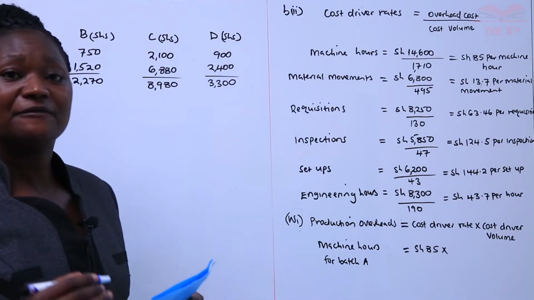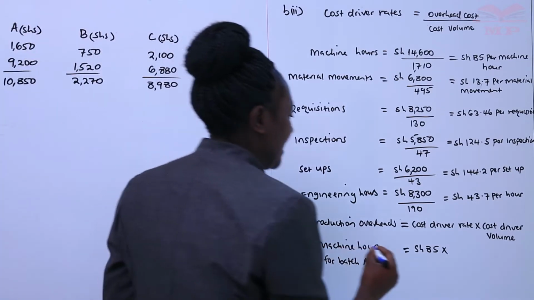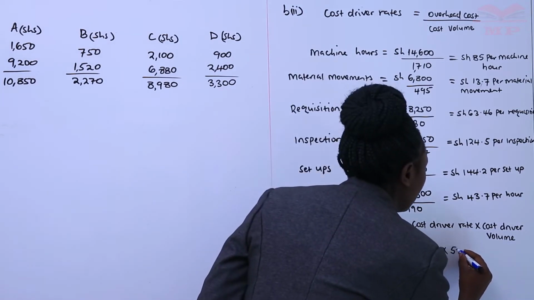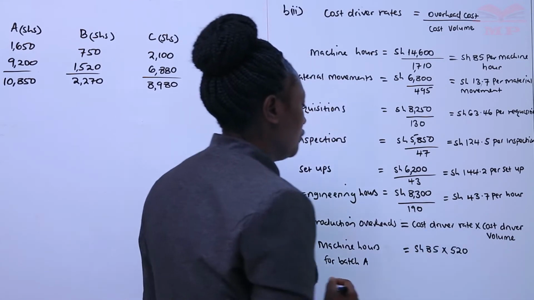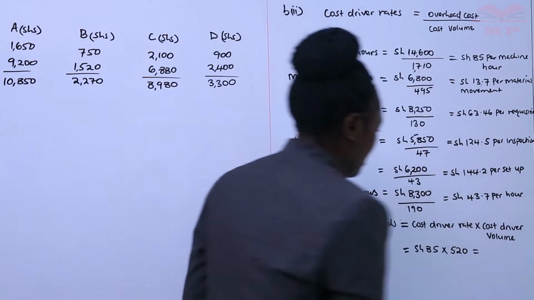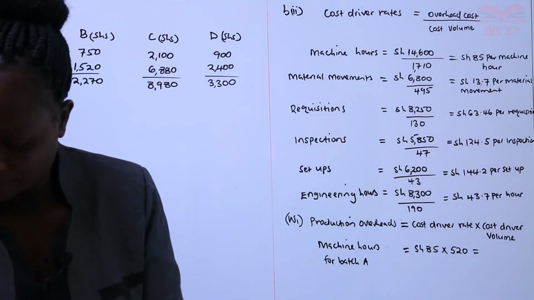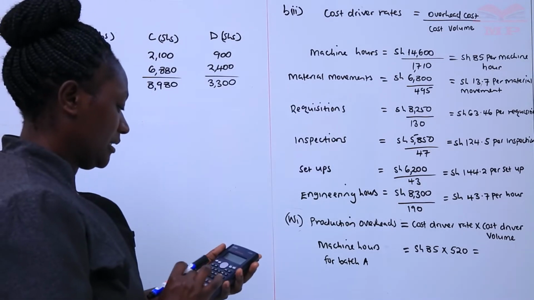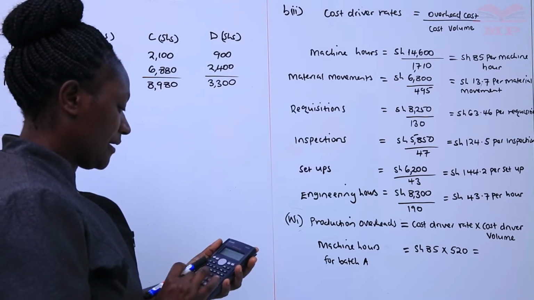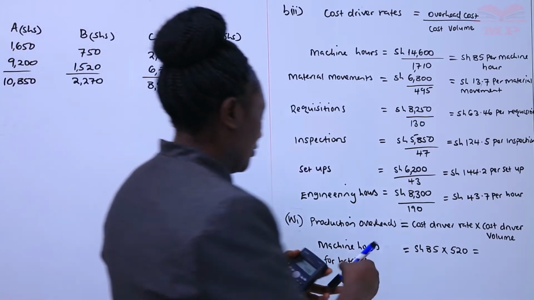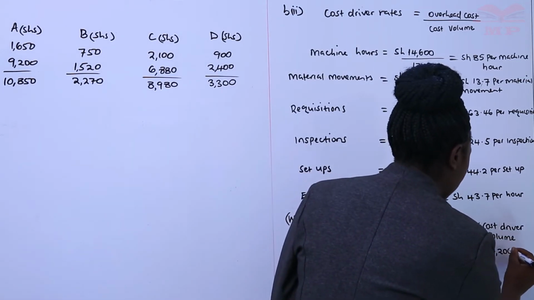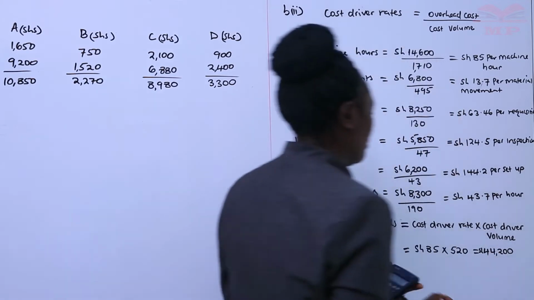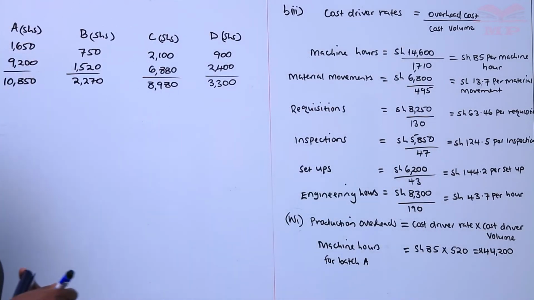So the machine hours for batch A were 520, which we are referring to as the cost driver volume. When you calculate 85 times 520, you'll get 44,200, and this will be the amount for production cost for batch A.